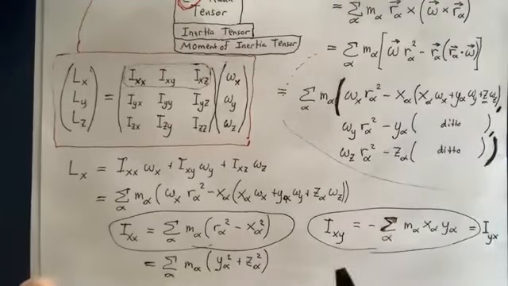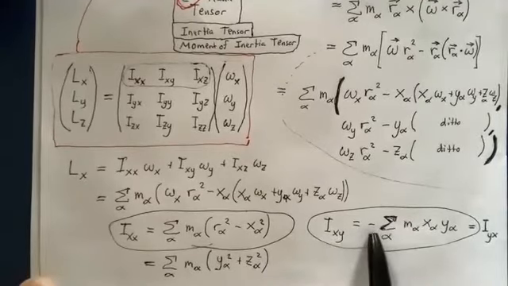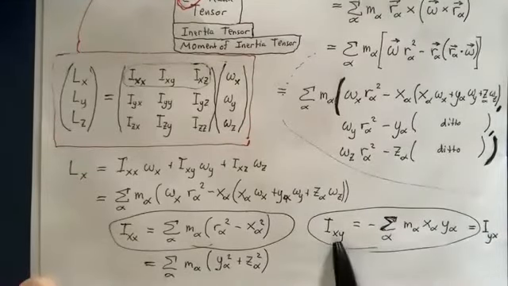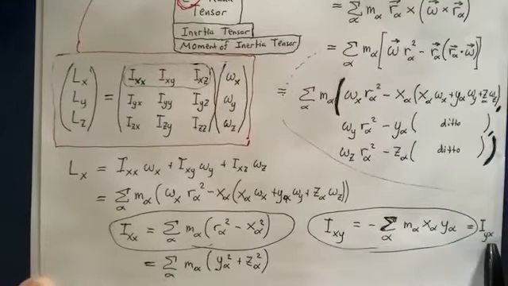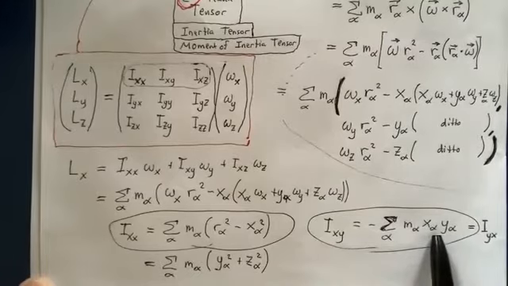Okay, so that shows the symmetry, and the off-diagonal elements, they all have this structure. So Ixy is, you see the minus sign, so we're summing over the masses, and then we have the x alpha and the y alpha as given by these indices here.